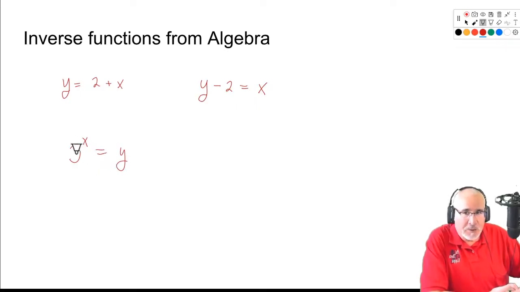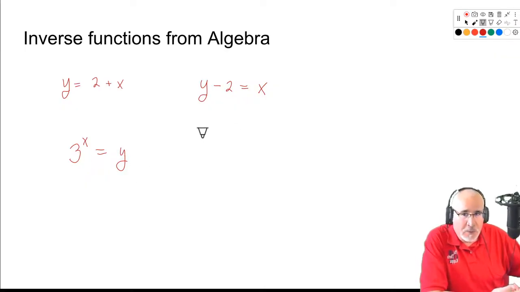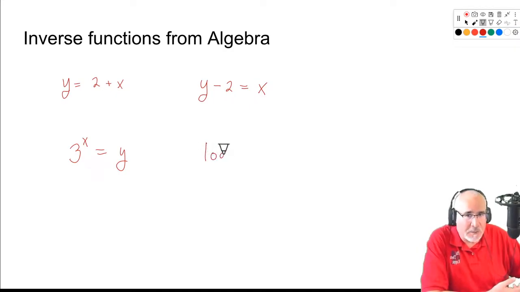So we've got the two things, 3 and x on one side equals y, and notice what's going to happen is the x is going to get by itself and the y and the 3 are going to get combined somehow, but we need an inverse symbol for what it means to take an inverse of an exponential. Well, somebody has invented that for us, and they call it the log function, logarithm.